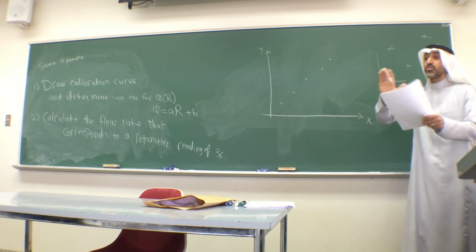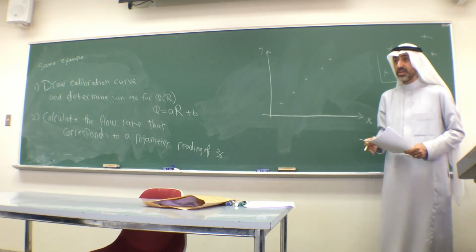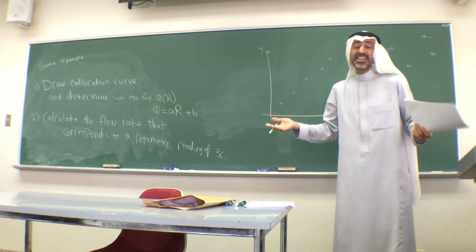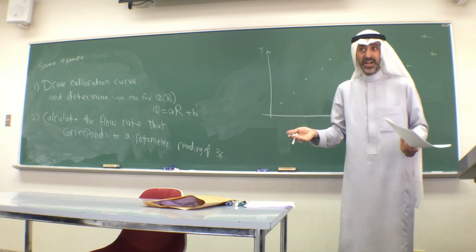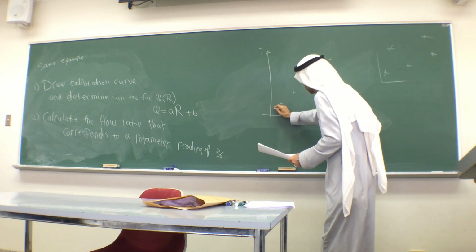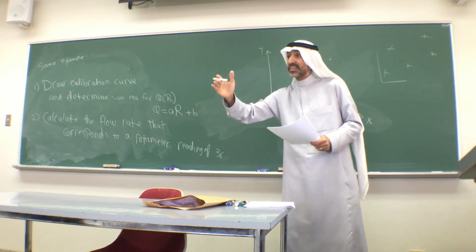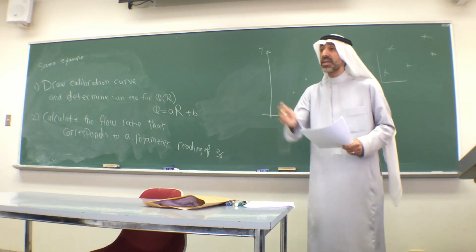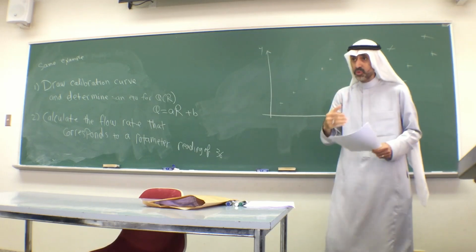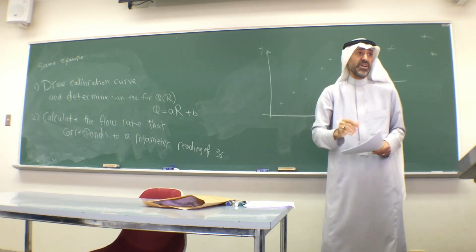Any data in life you put, you can find the best line going through it. But if it is actually not a straight line, then you are the one forcing it. Clear? But this looks like a straight line to me. So by eye, every student doing it will get a slightly different answer. The same student, if you do it in the morning and do it again at night, will not have exactly 100% the same value.